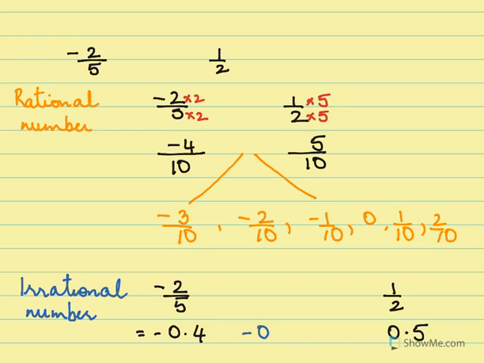I could take minus 0.2 and make it into a pattern, and that would be an irrational number. I could also take minus 0.3, yeah. Non-terminating, non-repeating decimal.